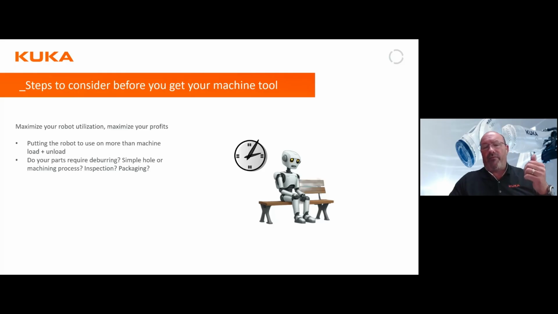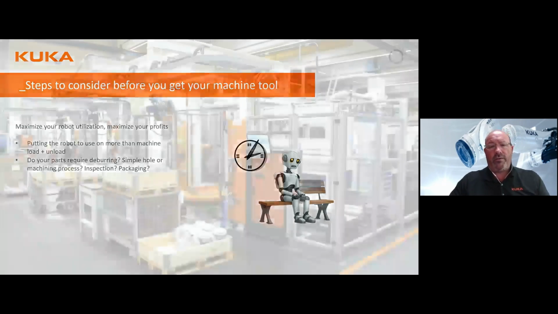Can the robot perform a deburring operation? Can it drill out simple holes or face mill a non-critical feature? Can it do inspection? Can it package the parts? Anything you can do to maximize the use of the robot will help justify the cost of the automation equipment.